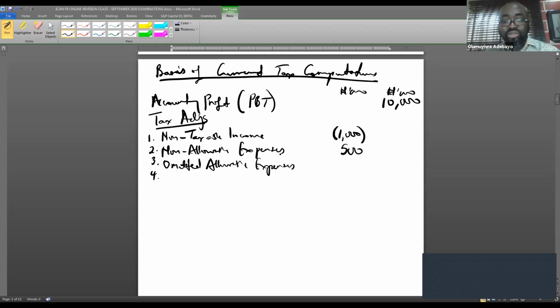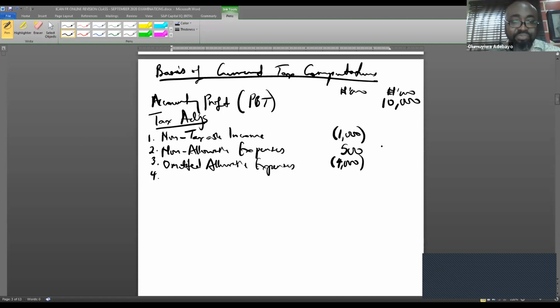In that situation, since only 1 million was deducted from an accounting perspective, the 4 million difference will be deemed to be omitted allowable expenses, which will now be subjected to additional deduction, which in this case will be deducted to reduce the profit.